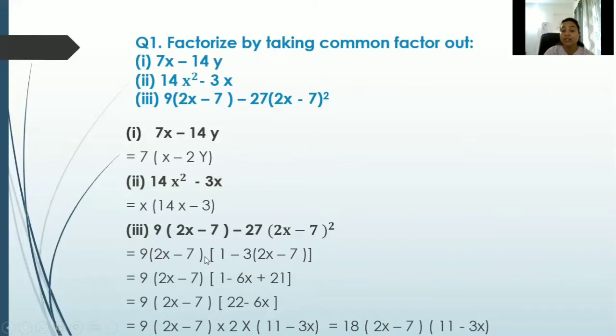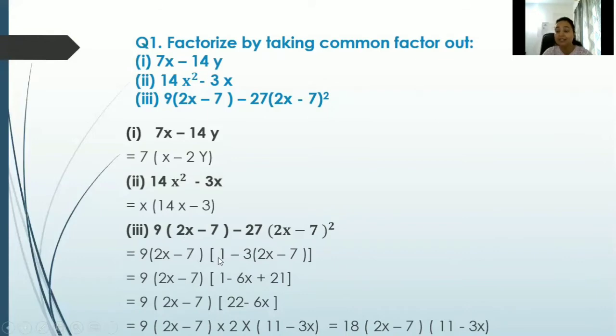So what is left inside? Because there is already a small bracket, I make a larger one. I have taken 9(2x minus 7) outside. In the first term, if you divide this term by this, what will you get? Don't write 0 here, don't get confused. Write 1, because if the entire same term is taken out, then 1 will come.